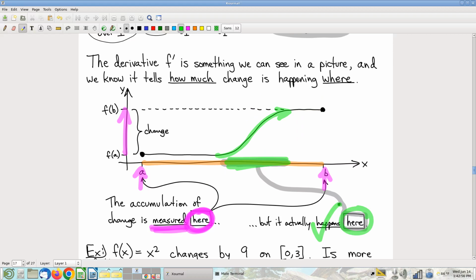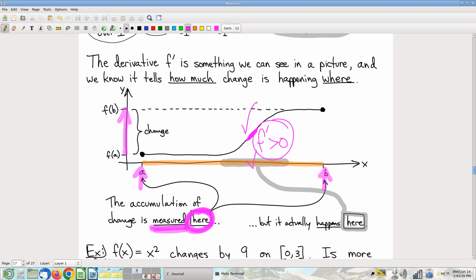And the derivative is what points to those values of x. Where the change is actually happening, the derivative is big. A big value of the derivative is an indication that there is change happening at that point. This accumulating stuff called change has a high density at this point.